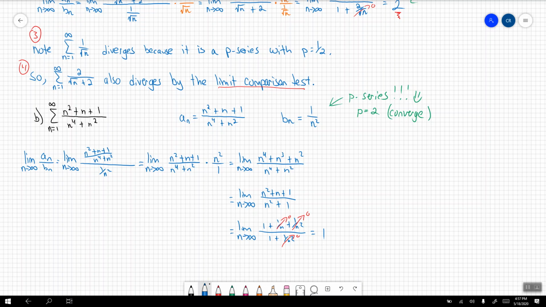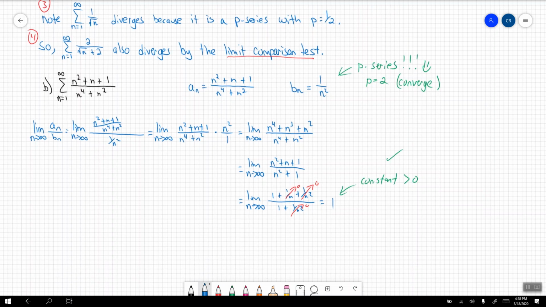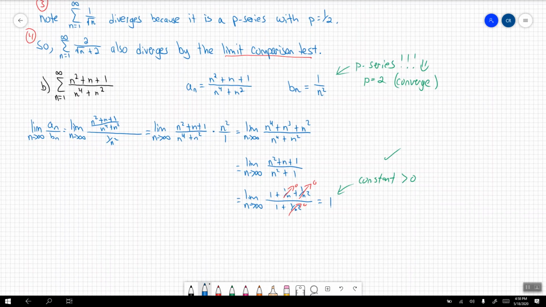Awesome. So the limit is 1, and again, this is the constant that we're looking at that needs to be greater than 0. Awesome. That's great. So now that we have this, all right, that's awesome, because now they both, these limits actually got us to a constant that's greater than 0.